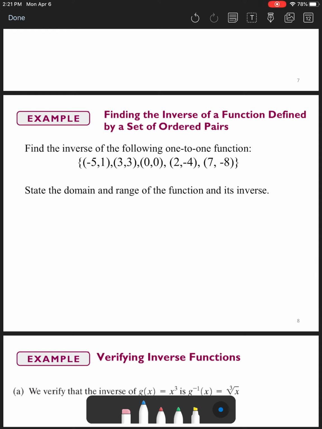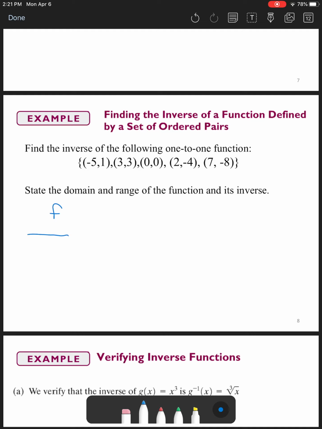All right, find the inverse. You're given a set of data here. Say the domain and range of the function and its inverse. We know that the domains are the input values, the x values here.